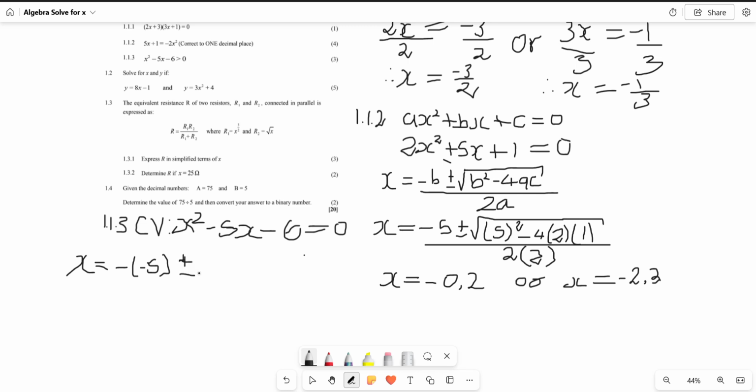Plus and minus the square root of b squared. The value of b, remember we must have a bracket here, -5, all squared, minus 4 times a.